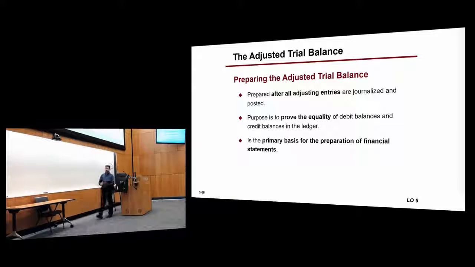We do that after all the adjusting entries are recorded. Once again, this should prove the equality of debits and credits of the adjusted values. And usually this is what the companies use to prepare their financial statements. Okay? We'll do that next week.